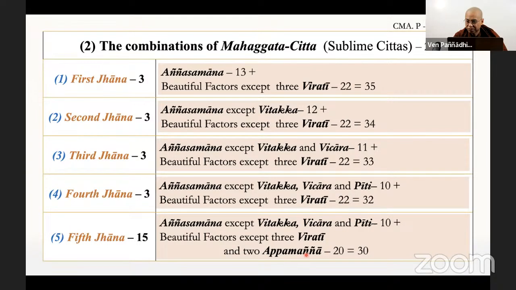You cannot obtain the fourth jhana. For the fourth jhana, you can only take Upekkha as the object. Okay, yeah, great. After the fifth jhana. Fifth jhana, right? So you have to know that Appamanya here refers to Karuna and Mudita.